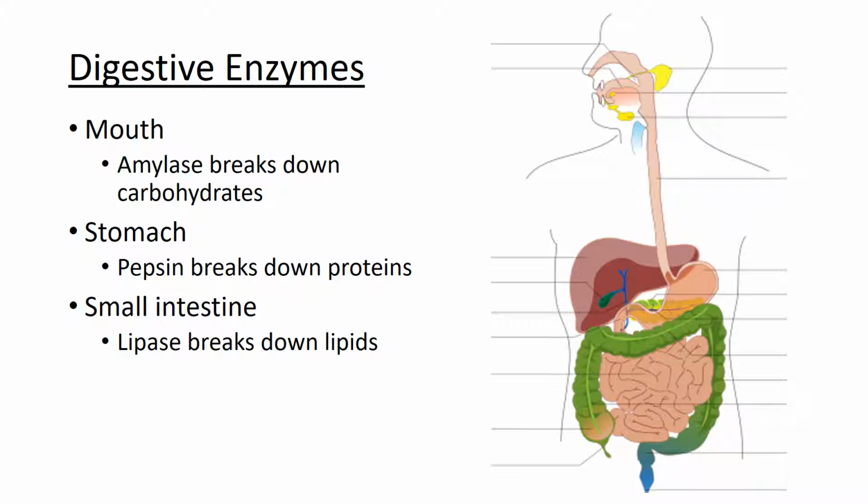Amylase breaks down carbohydrates. In your stomach, you have an enzyme called pepsin, and pepsin breaks down proteins. And in your small intestine, you have an enzyme called lipase, and lipase breaks down lipids. These are just some of the enzymes involved in digestion, but it provides you with some examples of enzymes and what they do in your body.